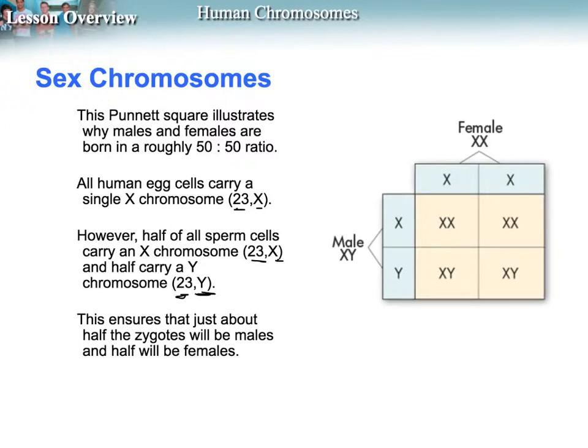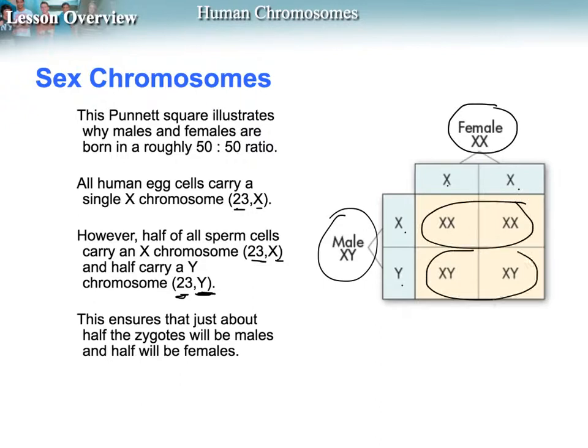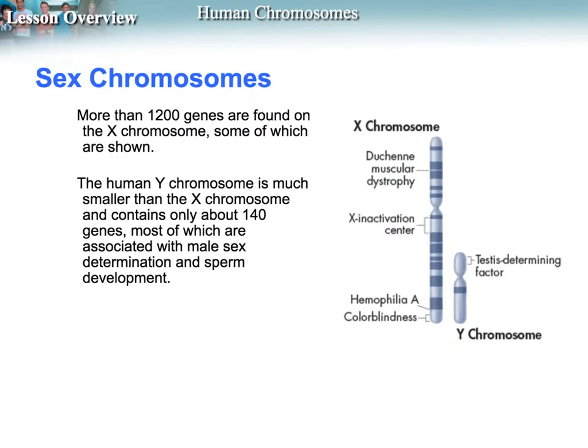Okay, so 23 in the sperm, but the 23rd is a Y. This ensures that just about half the zygotes will be males and half will be females. Since females carry XX and males are XY, when we do Punnett squares, we see that half of the children can be female and half of the children will be male, which is typical. We know that when a woman is pregnant, there's a 50-50 chance that she'll have a boy or a girl.